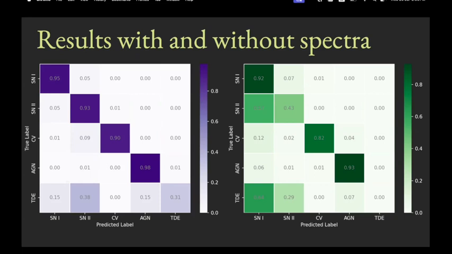And you can see just from these two plots how the classification changes if we use spectra and not just the images, metadata, and photometry. So yes, this is what I wanted to say. Now Maojie will go through the network and give some introduction about how you can actually build spectral classification.